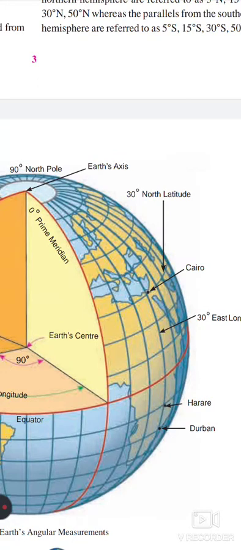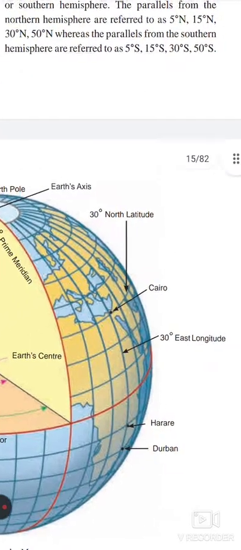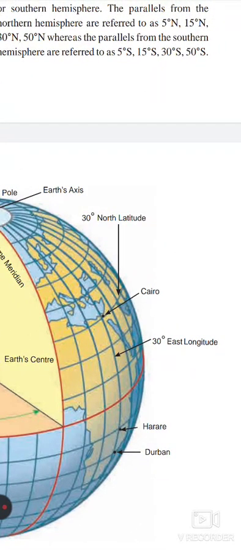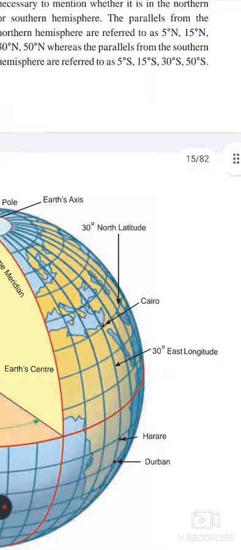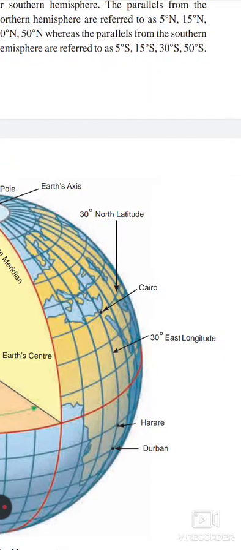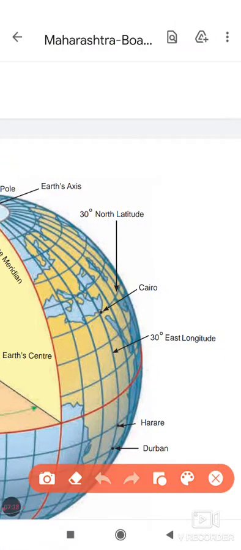So this is the north latitude, and this is the east longitude, that is 30 degrees. This is the Greenwich line, through which it is 30 degrees east: 10, 20 and 30.